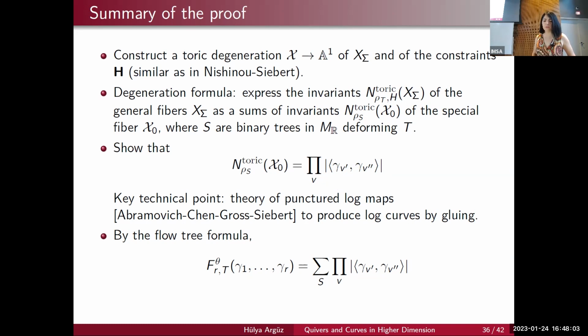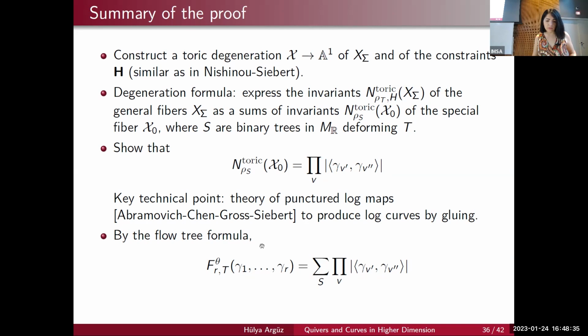So there is a gluing formula in this context, and in this gluing formula there appear some numbers of ways to glue together log maps, and the technical point is to show that this number of ways of gluing can be given by this number which appears in the quiver DT story. And so we had shown in the work that I mentioned at the beginning that in the quiver DT story you have these coefficients which can be given by this number.